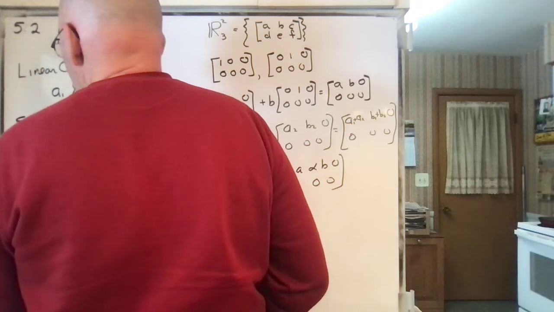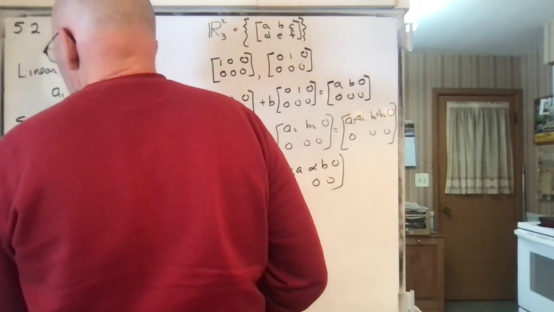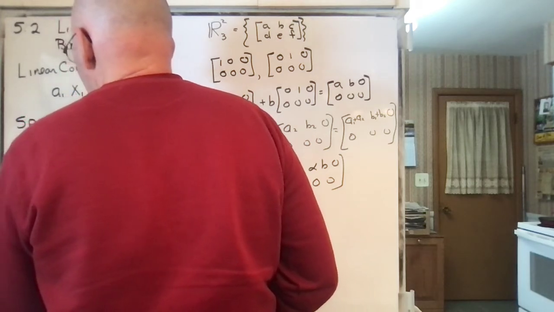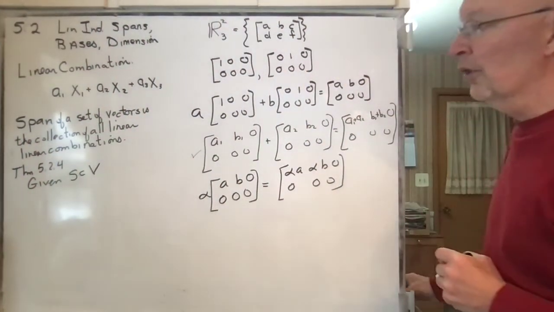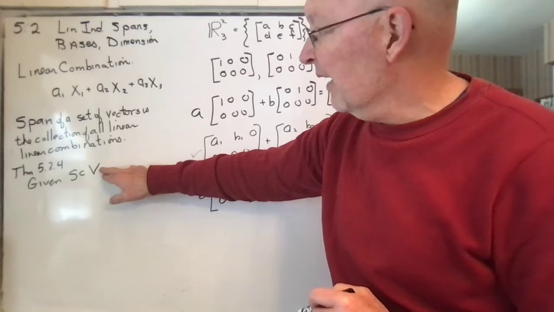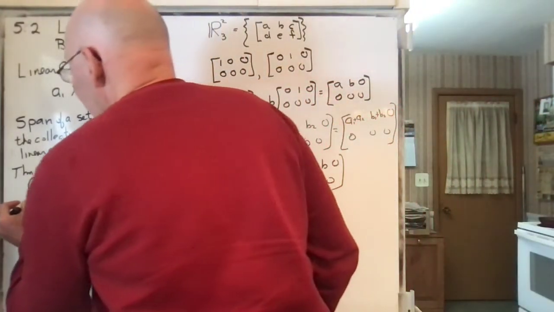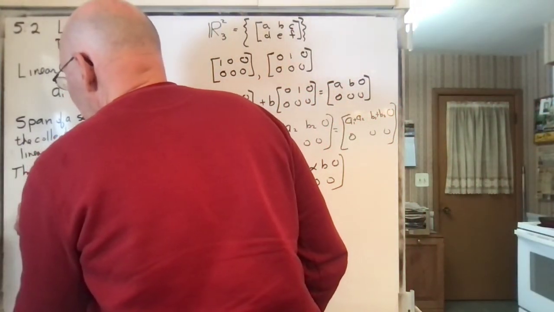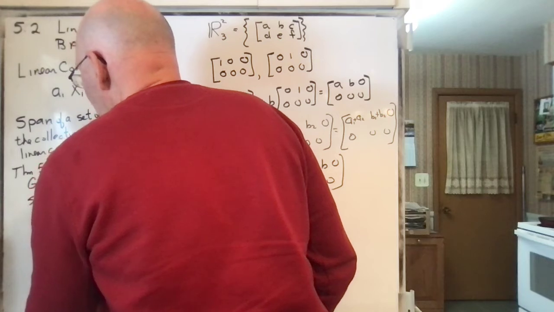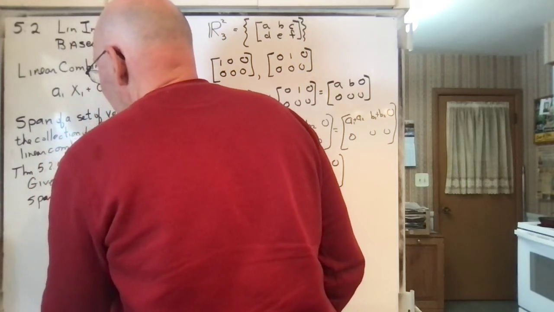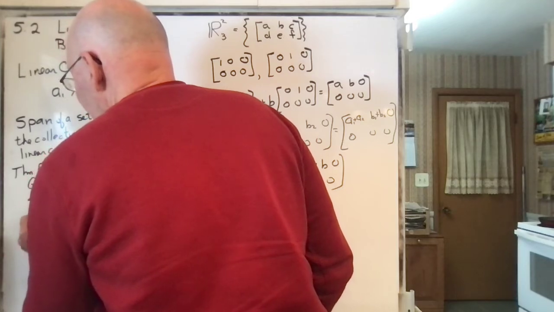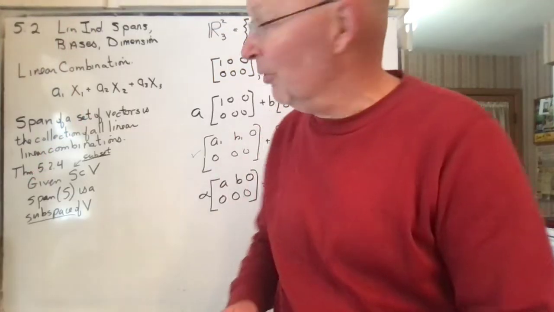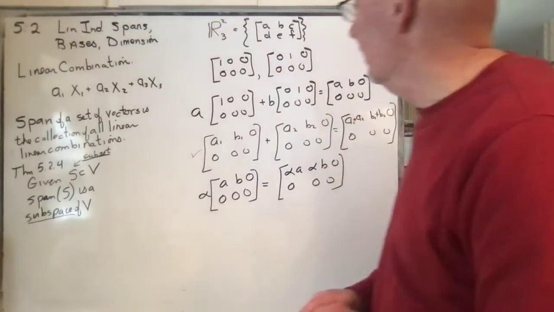Basically, given a set S, which is a subset of your vector space, then if you take the span of all those elements in S, that is a subspace of V. Okay?